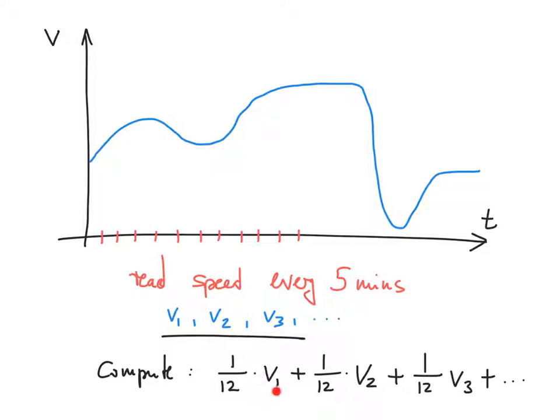And v1 is the speed that you have driven after 5 minutes, so that's the first measuring point you took here. That's intended to be an approximation of the speed that you've driven over the first 5 minutes.